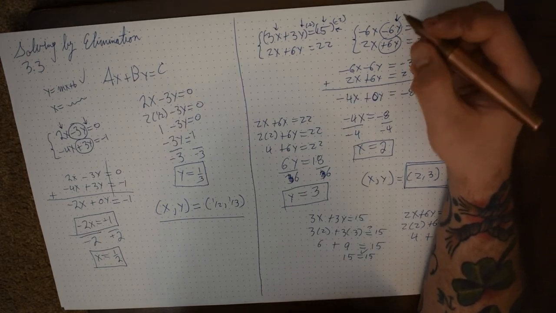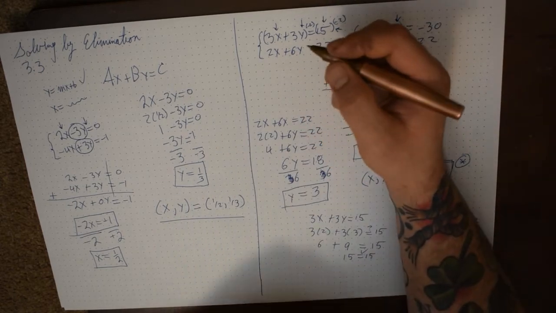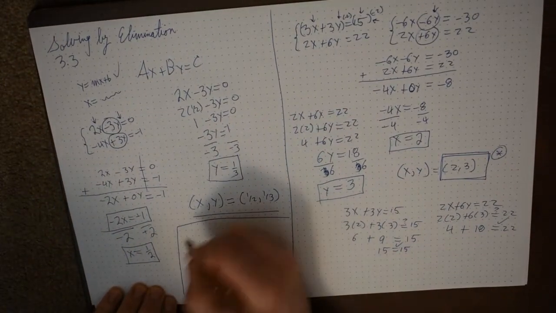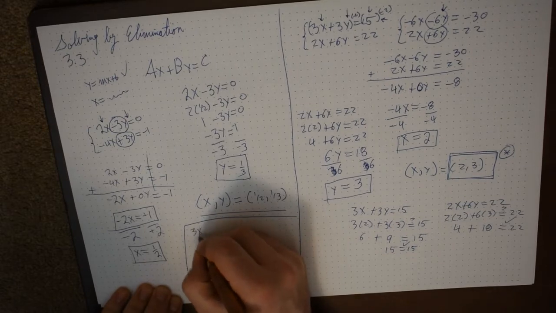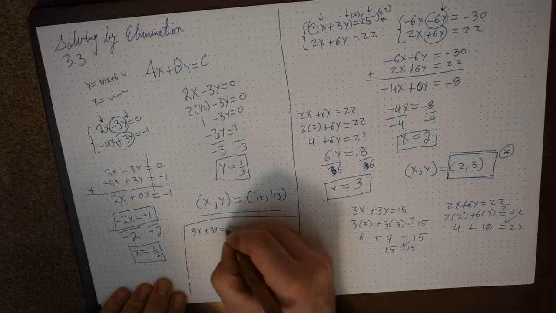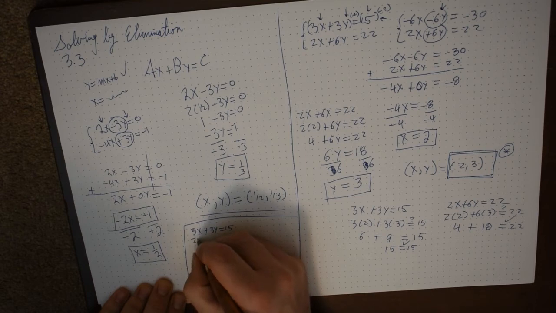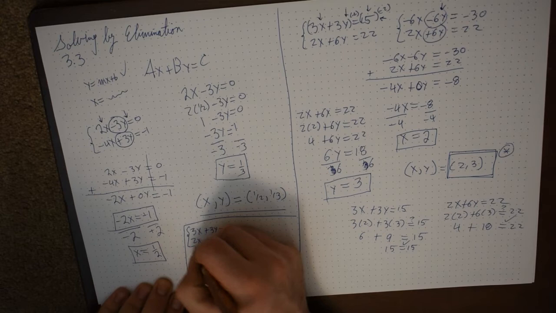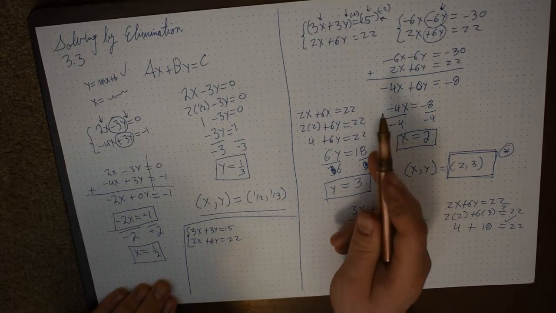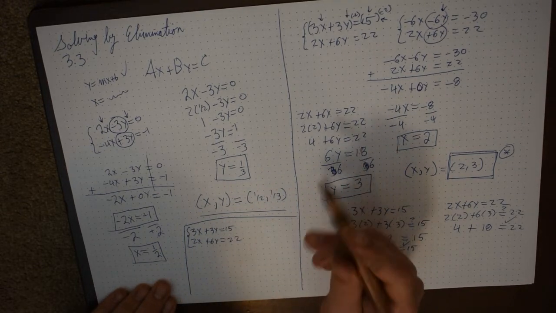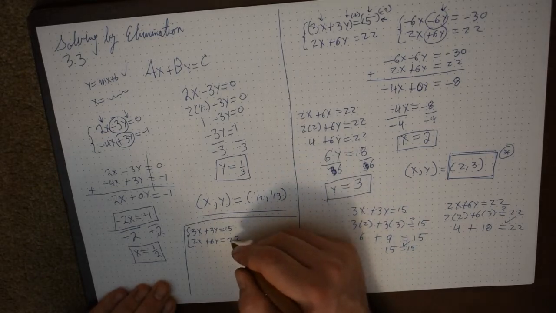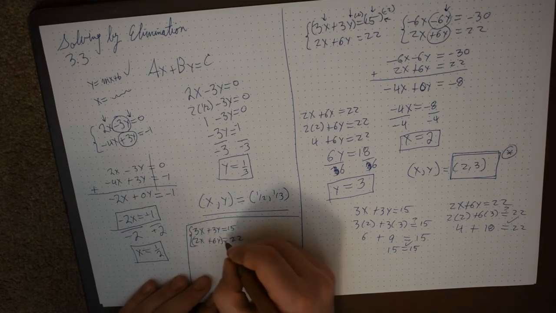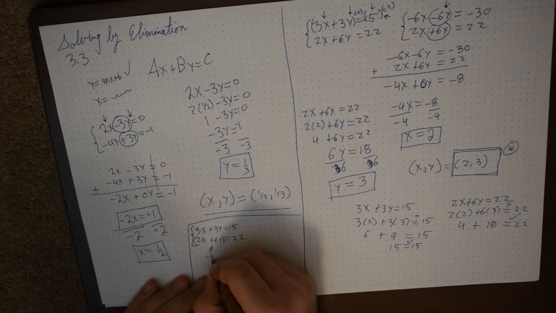Looking at this problem, we started off with 3x plus 3y is equal to 15, and 2x plus 6y is equal to 22. Before we modified that top equation, we could have modified this bottom equation. We could have multiplied both sides of this bottom equation by negative 1/2.